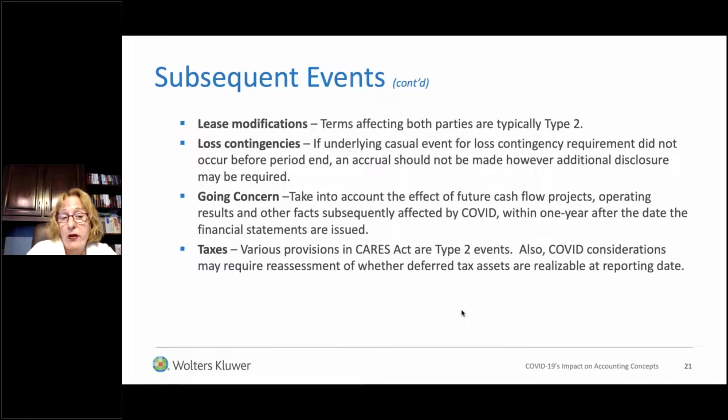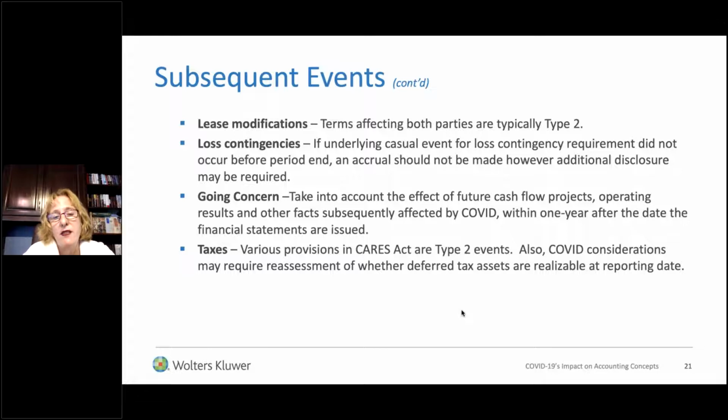Then there's that word, going concern. You need to take into account the effect of future cash flow projections, operating results, and other facts subsequently affected by COVID within 1 year after the date the financial statements are issued. So if you're disclosing something COVID related, going concern, that's what you're thinking about.